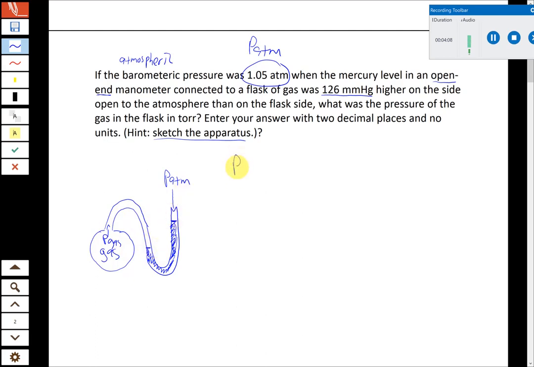So in this case, what we know is that the gas pressure is greater than atmospheric pressure. And more specifically, it's going to be greater by the height difference. So this difference between the 2, which is delta H, is going to be the difference in the pressure between the 2 sides. And so what that means is that the gas pressure in this case is going to be the atmospheric pressure plus the difference in height.